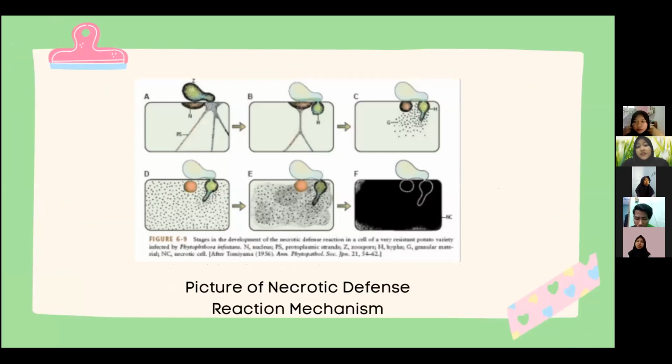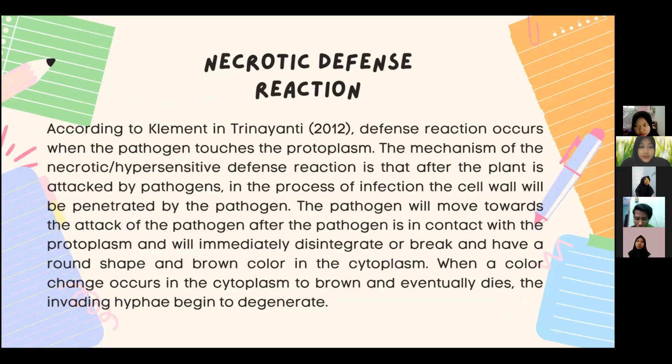This is a picture of the necrotic defense reaction mechanism. According to Klaiman in Trinayanti 2012, the defense reaction occurs when the pathogen touches the protoplasm. The mechanism of the necrotic or hypersensitive defense reaction is that after the plant is attacked by pathogens, in the process of infection, the cell wall will be penetrated by the pathogen.